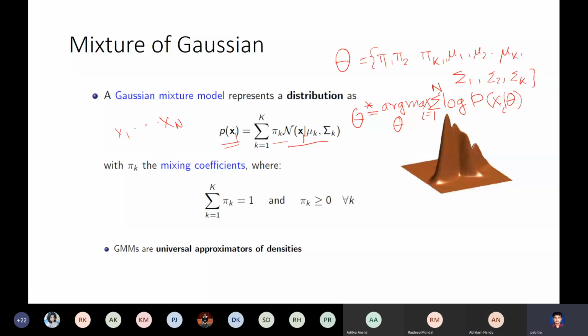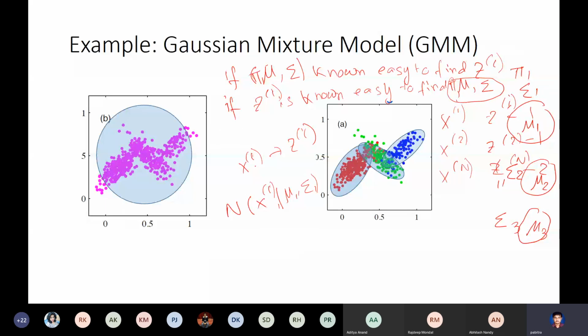Whereas this Z vector is a local variable, with the terms Gaussian of xi with mu1 sigma 1, mu2 sigma 2, and so on. This is the Z vector.